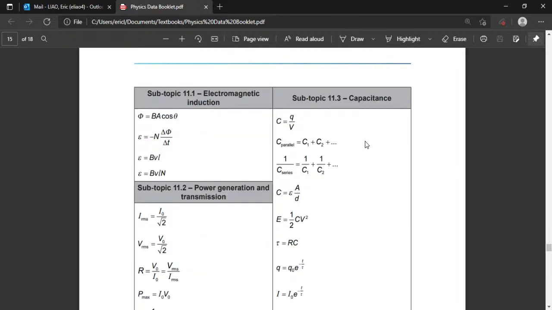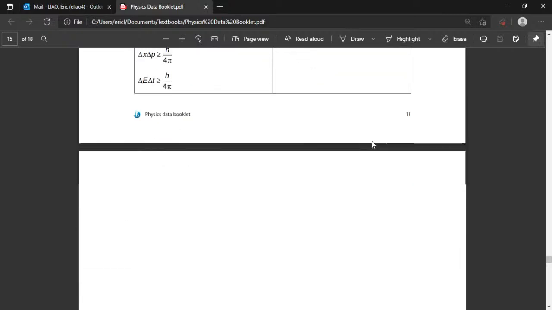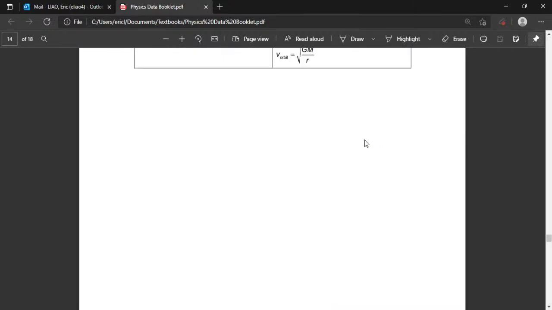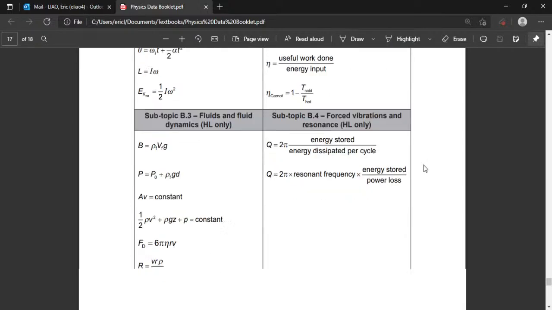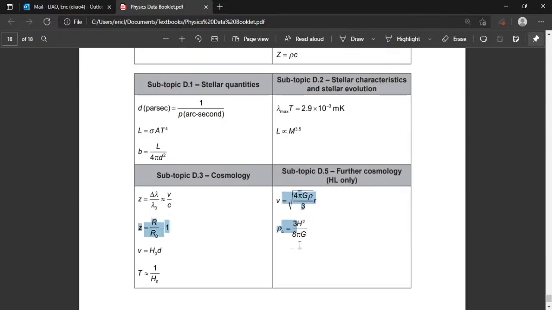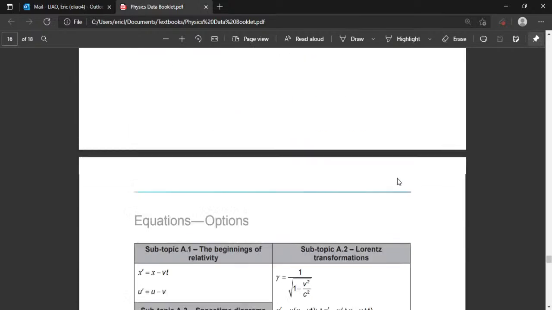Nope, we're in the wrong topics. So it's option D? Nah, doesn't sound like anything useful.